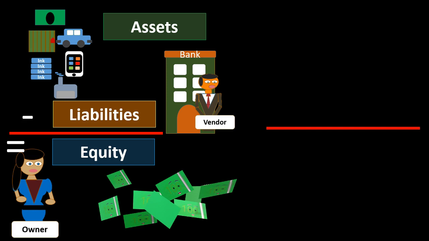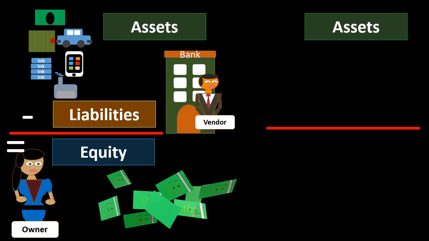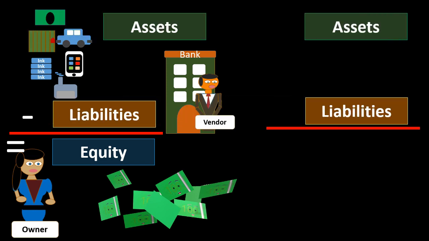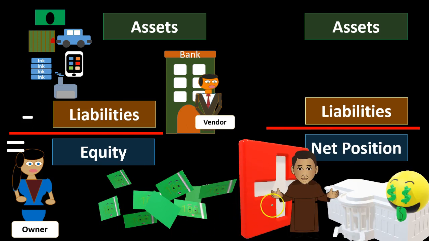The double entry accounting system for a not-for-profit organization or governmental organization will be much the same in that we'll still have assets, we'll still have liabilities, obligations, and the difference between the two we're going to call something like net position, but in essence we have the same thing as equity.